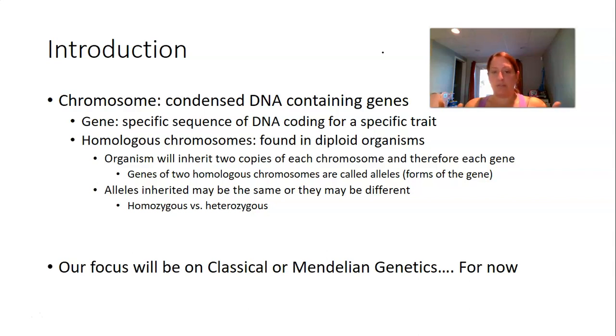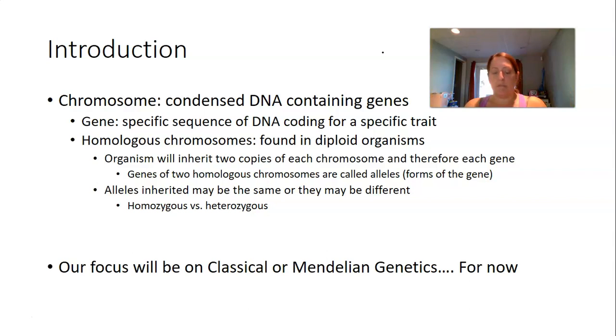You know what homologous chromosomes are, right? Those are chromosome pairs that are found in diploid organisms like us. An organism is going to inherit 2 copies of each chromosome, or 2 chromosomes making a homologous pair. And each of those chromosomes will carry a form of the gene called an allele.